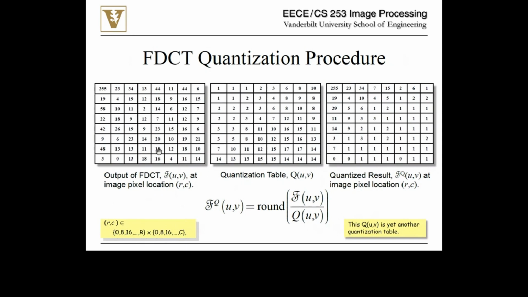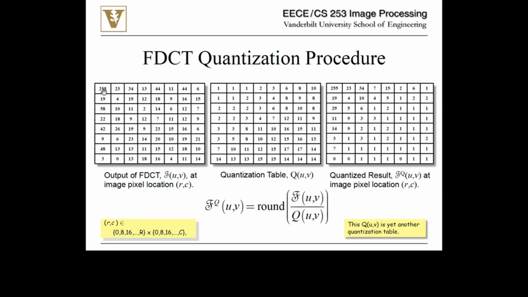So let's say that this is our discrete cosine transform. Now this is our quantization table. What we have to do is to divide the discrete cosine transform by the quantization table. So here is this ratio, and then you have to round.